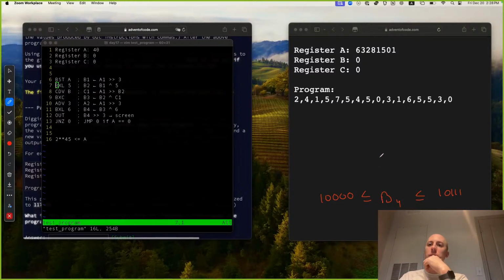And then we have B3 XOR with 6 is less than or equal to... what is 6 again? 6 is 4, 2, 1.